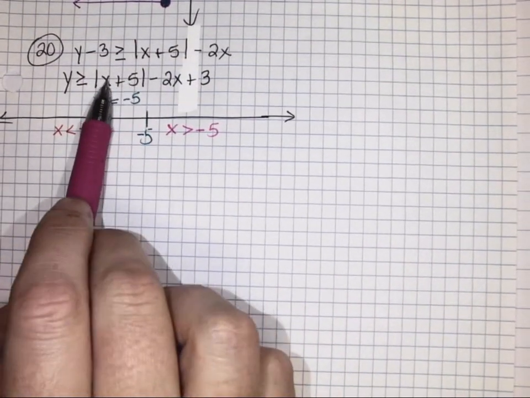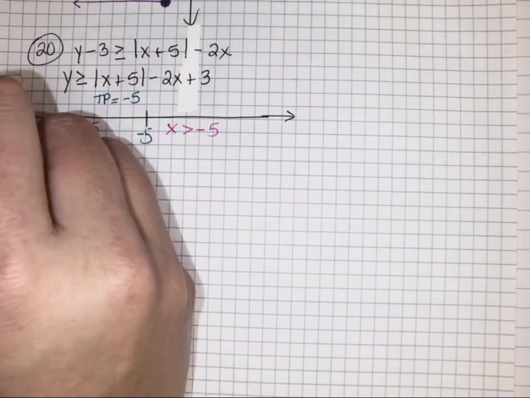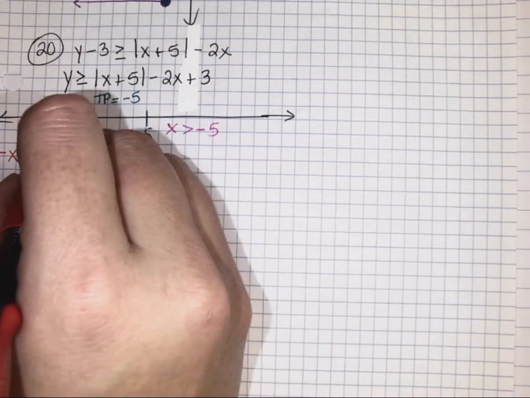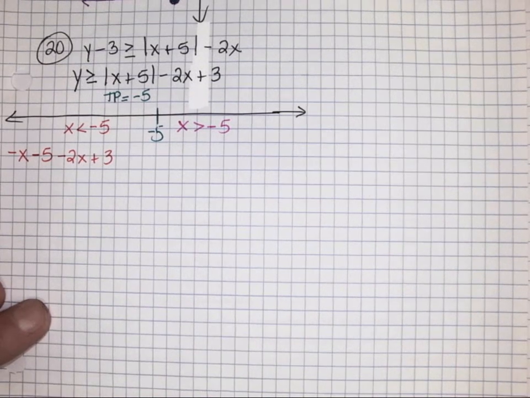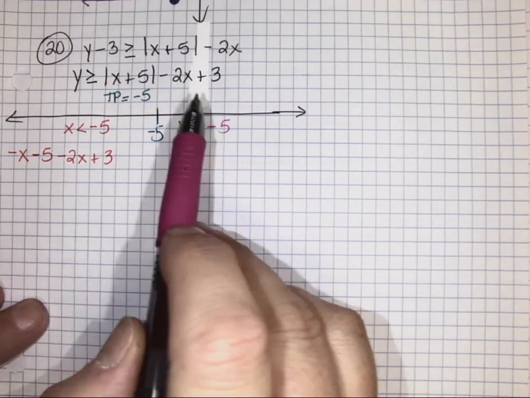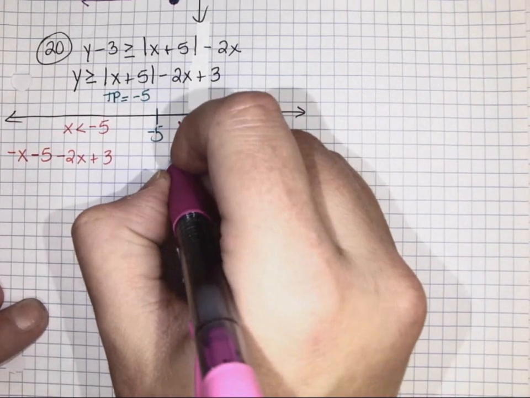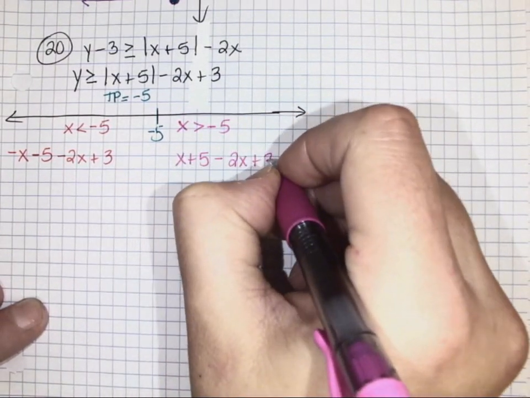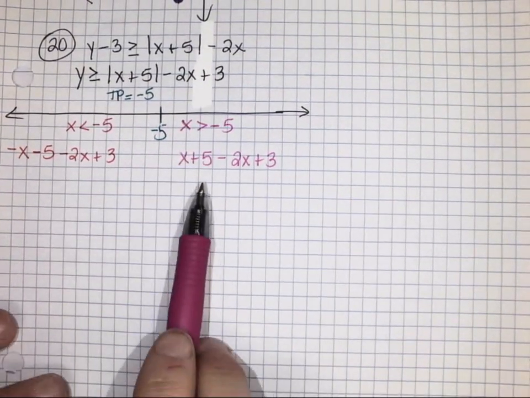So this is where it changes. So you're going to say -(x + 5), and the -2x + 3 stays the same. When I plug in numbers greater than -5, these insides are positive, so it stays. So I've got x + 5. The -2x + 3 stays the same. Well, all of it stays the same for this part.